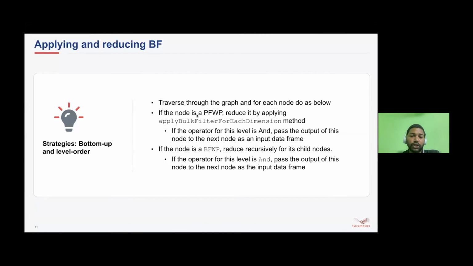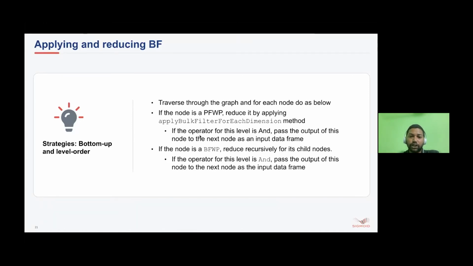If the node is a projection filter, right, we can apply bulk filter for each dimension. So we can apply the method where we will apply the join. So here, if it's a projection filter, we will pass the DF that is given as an input to that, and then apply the filter as it is a join. So we'll apply the join operation out there.